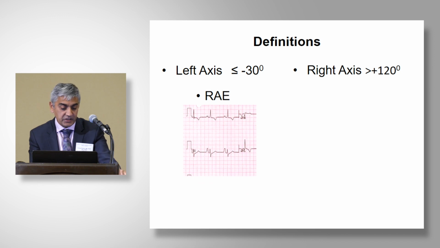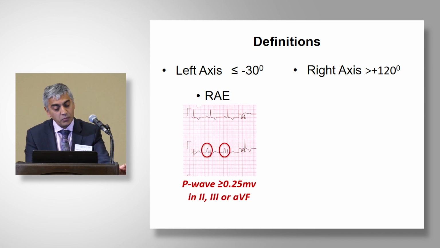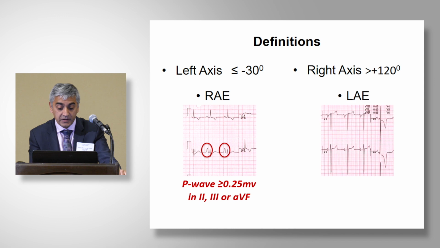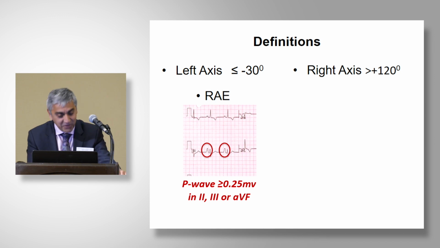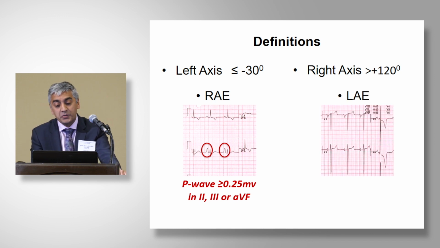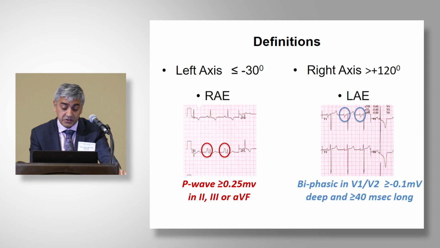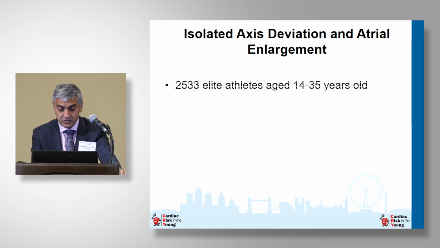Right atrial enlargement, as John's already told you, was a P wave more than 0.25 millivolts in leads 2, 3, and aVF. Left atrial enlargement was a biphasic P wave in V1, V2, with the terminal component more than 0.1 millivolt in depth and a duration of more than 40 milliseconds.